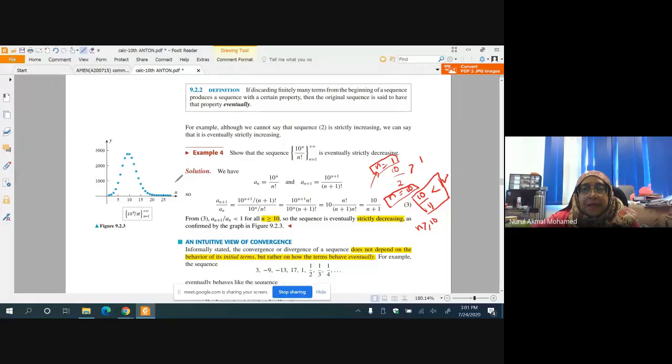The sequence is said to be strictly decreasing because we observe when n tends to infinity, not for the early n. We are looking at a very big n.